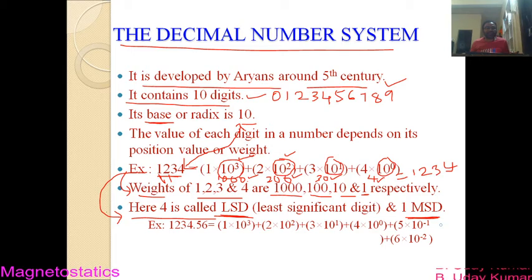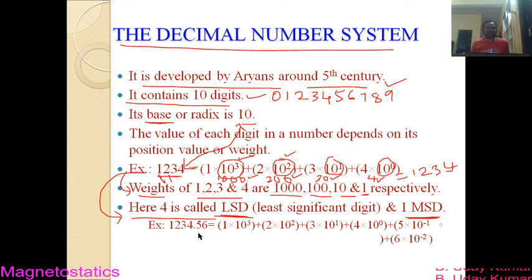Similarly, if you take one more example, 1234.56, the digits present on the right side of the point are the fraction values. How can we write this entire number in terms of 10 powers?